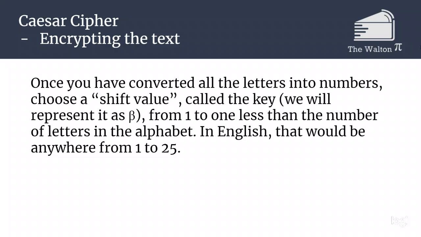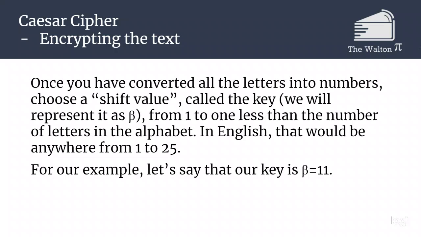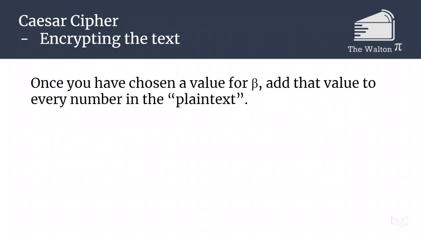So in English, our key is going to be anything from 1 to 25. You could have it be 0, but that's not changing anything, so there's no real point in having that as a possibility. So, in our example with the word Caesar, let's say that our key is beta equals 11.